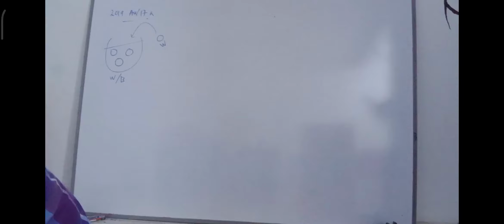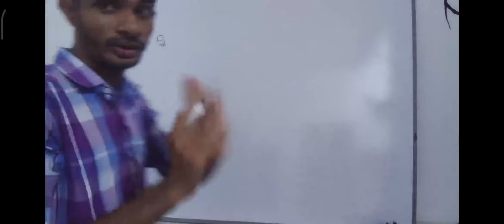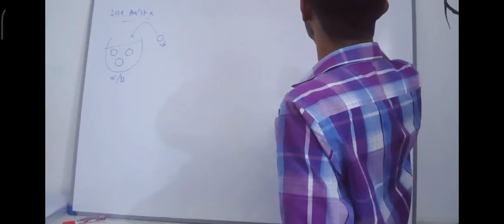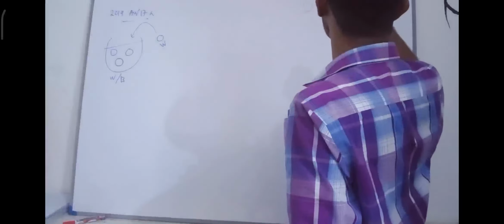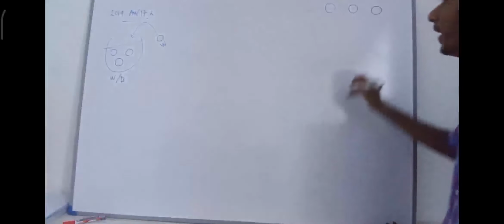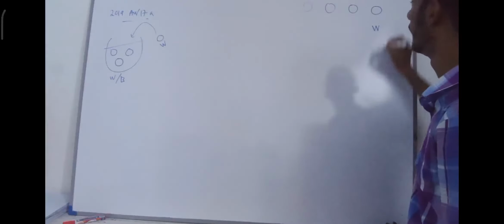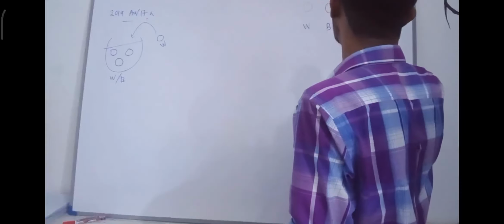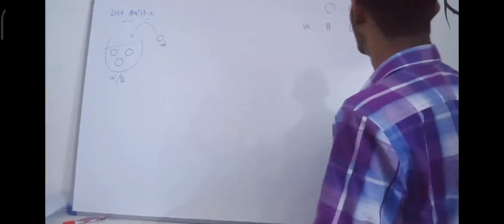I have 4 balls: this is ball 1, ball 2, ball 3, and ball 4. Definitely the fourth ball is white, but the others might be white or black. This is a possible scenario.